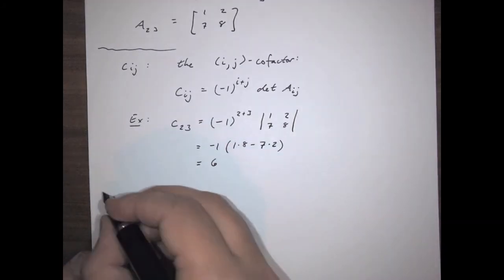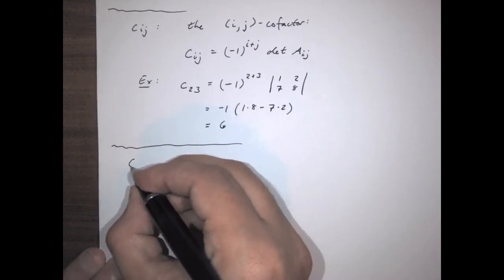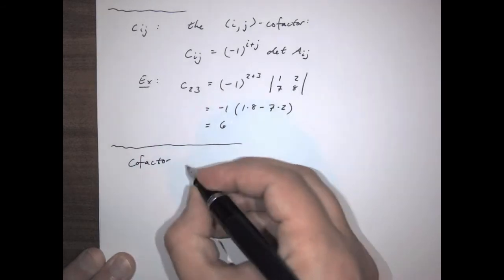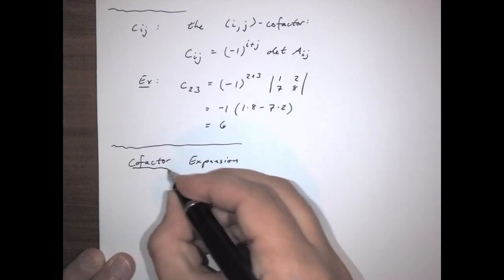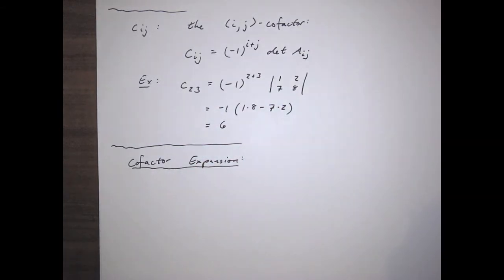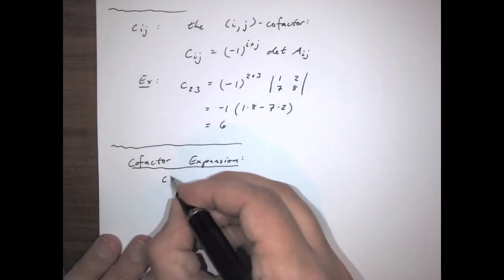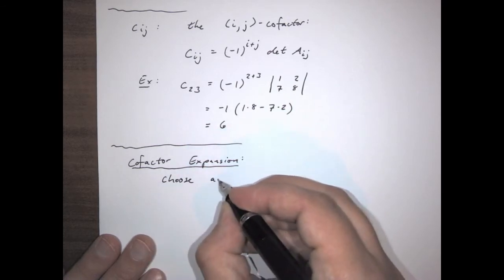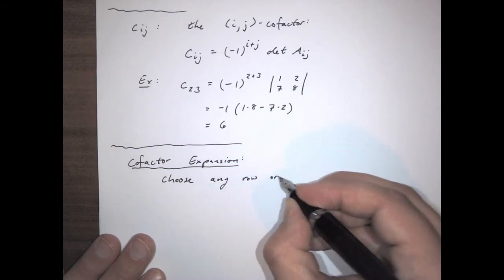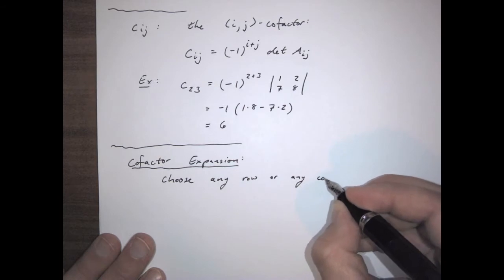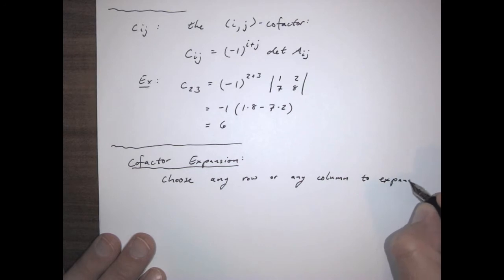So cofactor expansion works as follows. Choose any row or any column to expand along.